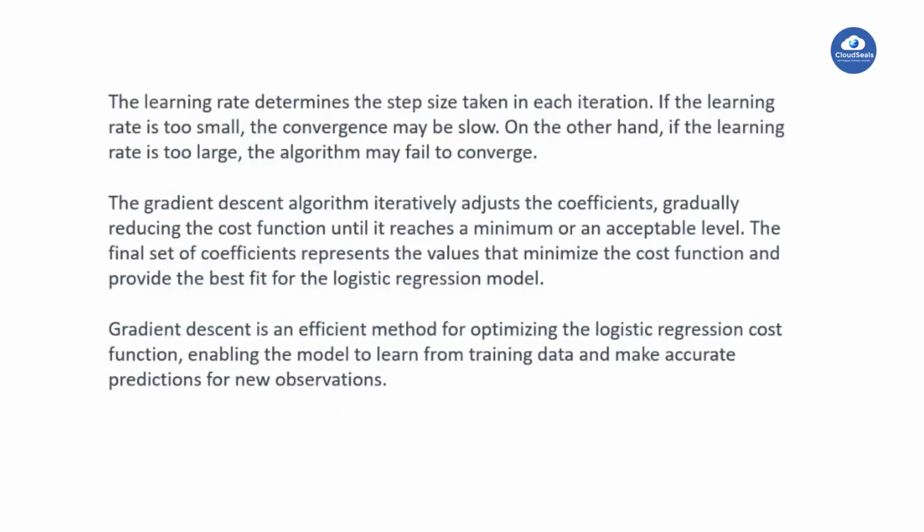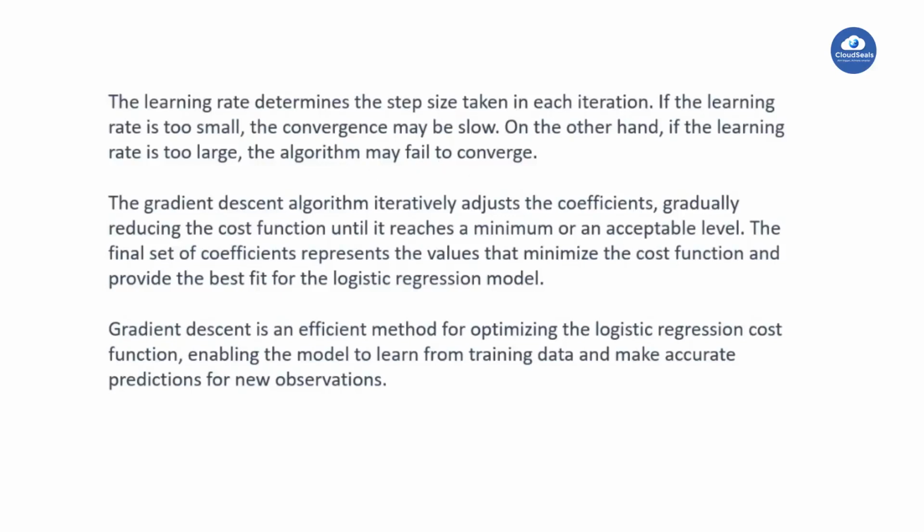Here, the learning rate determines the step size taken in each iteration. If the learning rate is too small, the convergence may be slow. On the other hand, if the learning rate is too large, the algorithm may fail to converge.